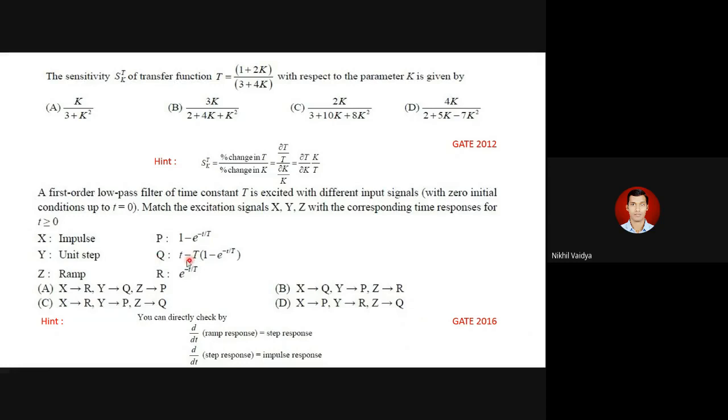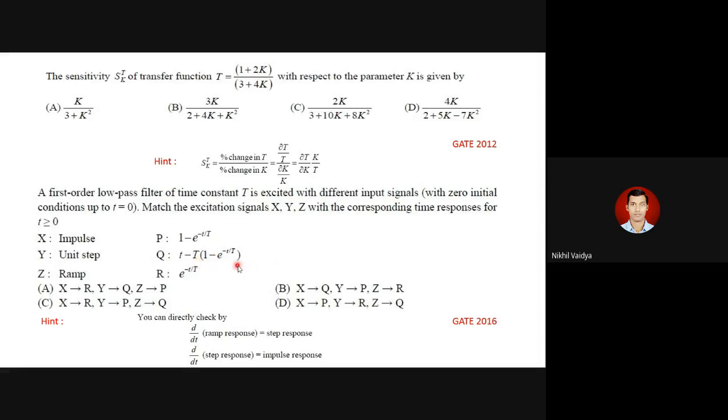Now see Q. If we take the derivative of Q, we will get the term with t. The derivative with respect to t is 1 minus t into 1 into e to the power minus t upon t, and again we write into 1 by t, because of this 1 by t in e raised to minus t upon t, its derivation again gives 1 by t, so that t will get cancelled.